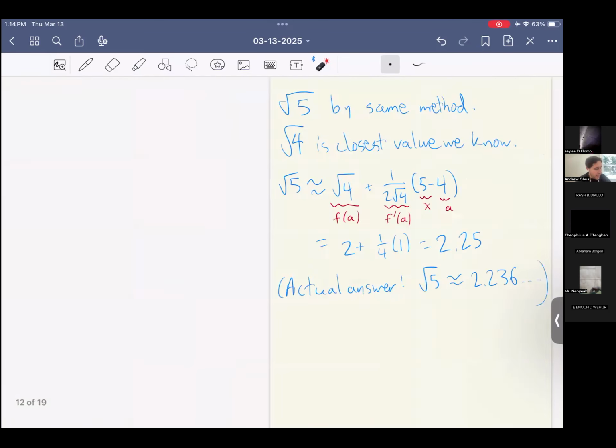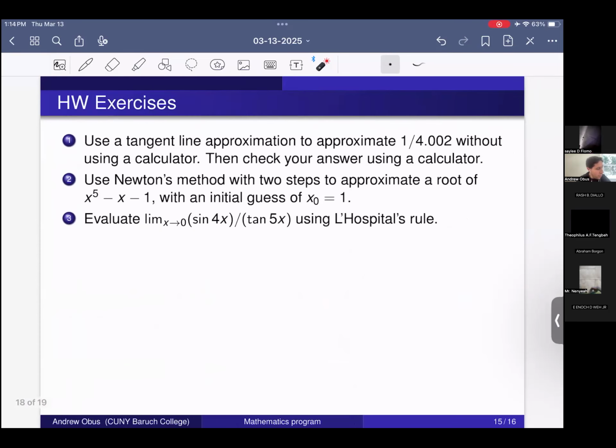Let me just skip ahead to show you that on the homework, there's going to be a problem: can you approximate 1 divided by 4.002 without using a calculator? Of course, you can just do 1 divided by 4.002 in a calculator, but the idea here, I'll give you a hint, is that you know that 1 over 4 is equal to 0.25.